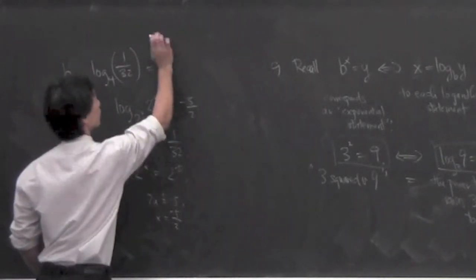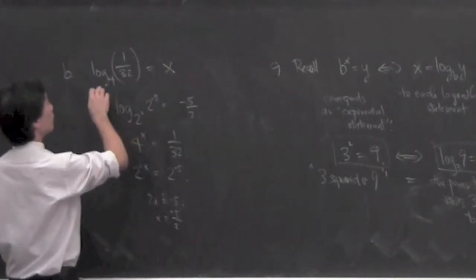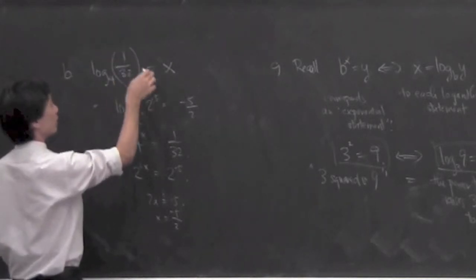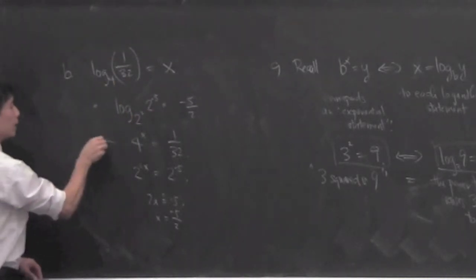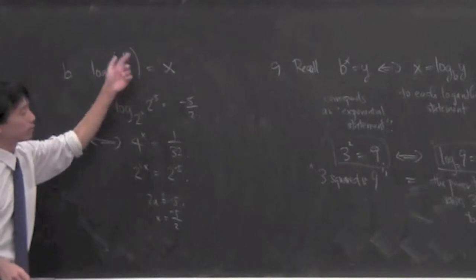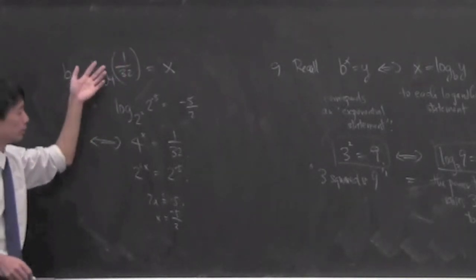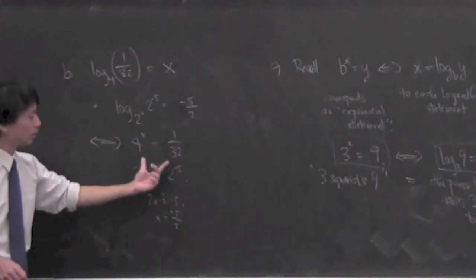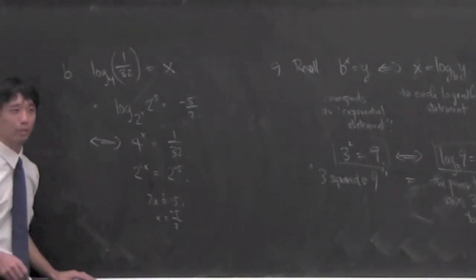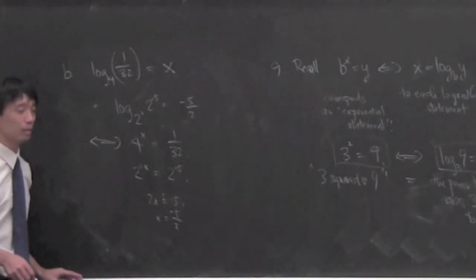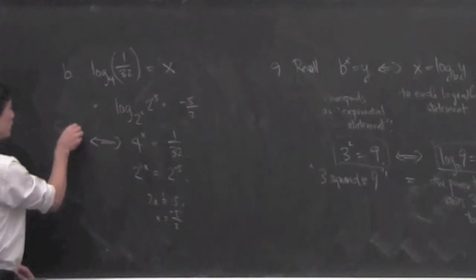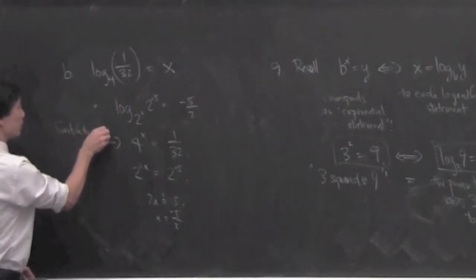Log base 4 of 1/32 is x is the same thing as saying 4 to the x is 1 over 32. So she switched it to the exponential statement and then figured out what that tells you about the exponent.